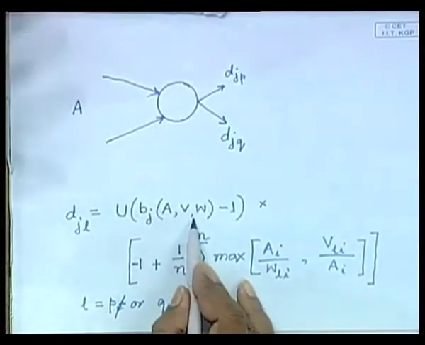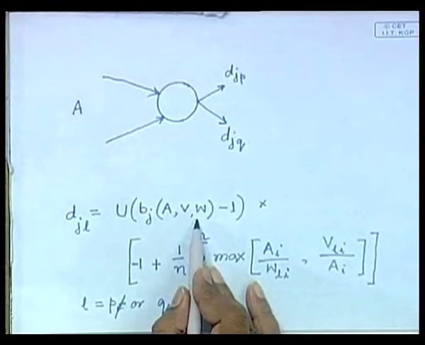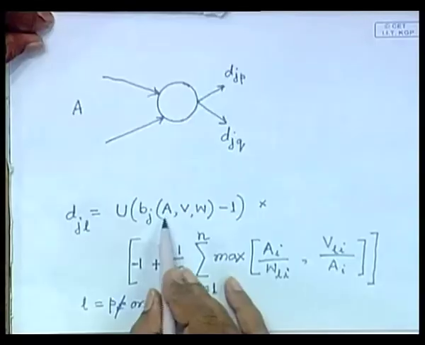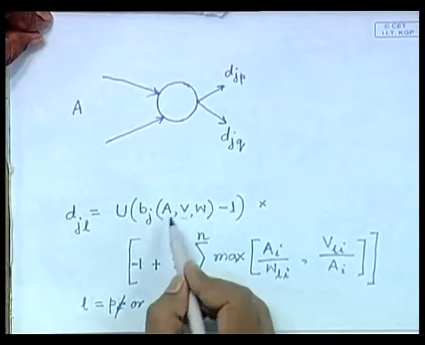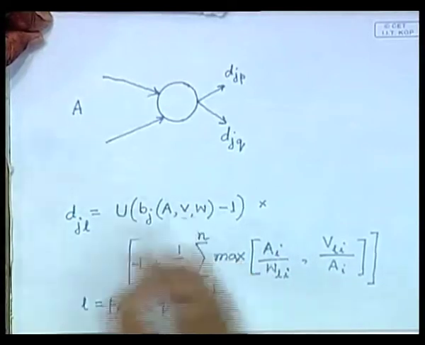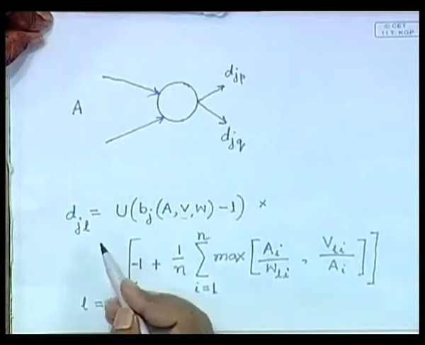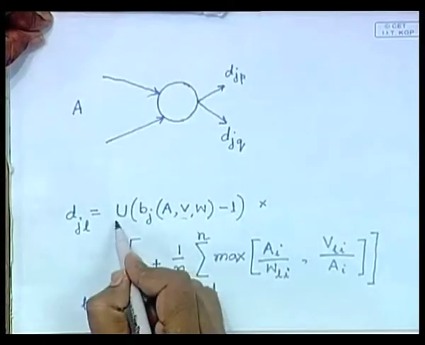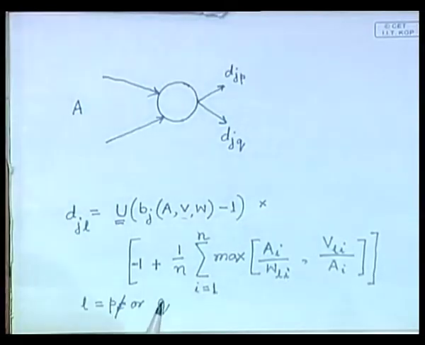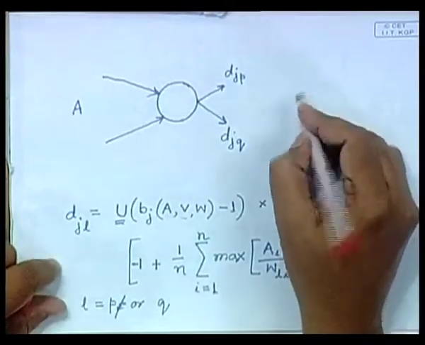If it does not, the value will be less than 1, depending on how far it is from that hyperbox. So if the point falls within the hyperbox, then b j minus 1 is equal to 0; if it falls outside the overlap region, this value is negative. And I use u as the unit step function.